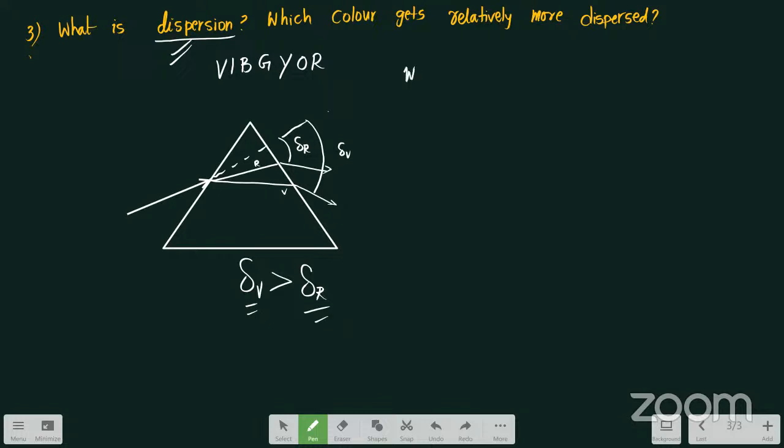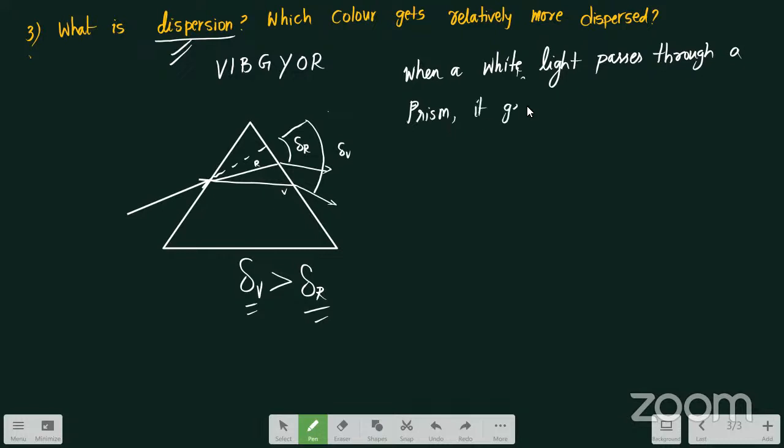When a white light passes through a prism, no need of drawing the diagram, what will happen?